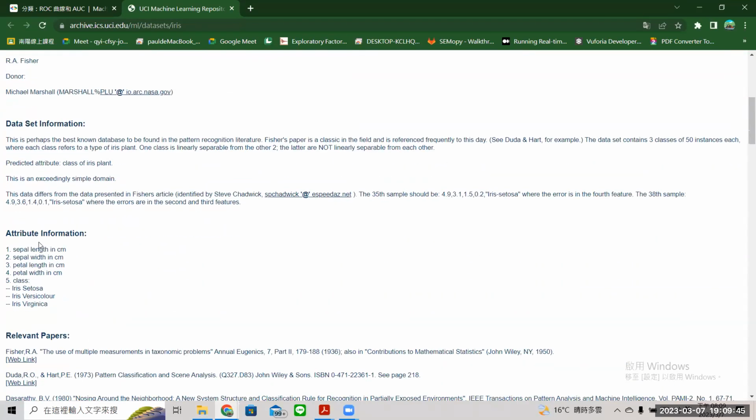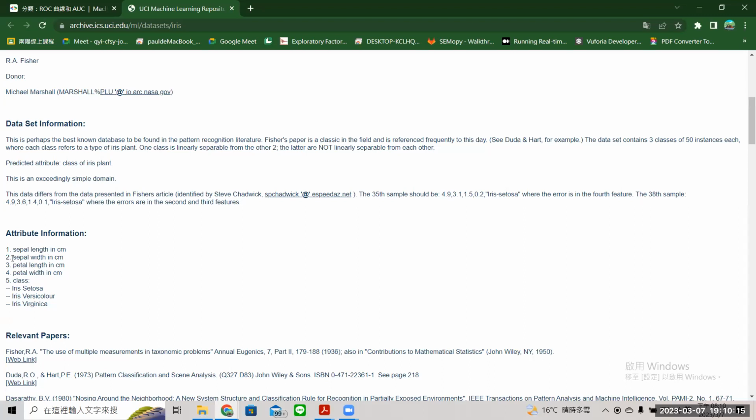So the data, let's check. The data has five variables in the data set, and the final one is the classification of the flower. The first one is sepal length, measured in centimeters.